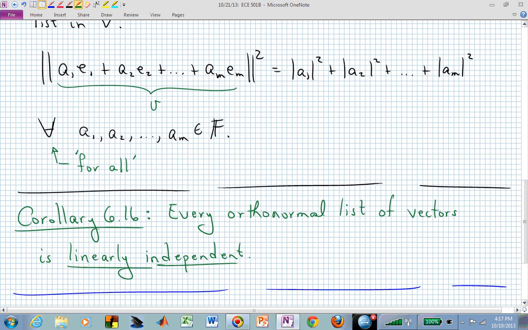Immediately following out of that proposition is corollary 6.16, which says that every orthonormal list of vectors is linearly independent.